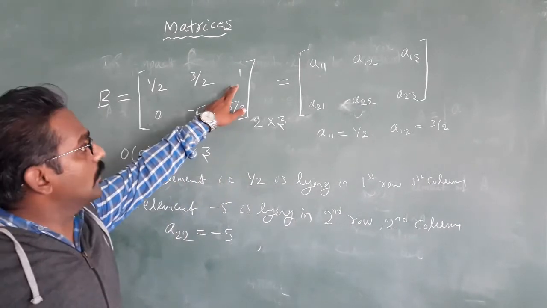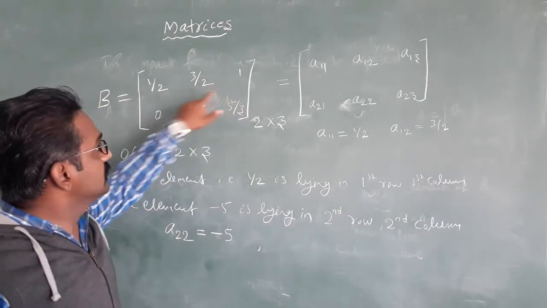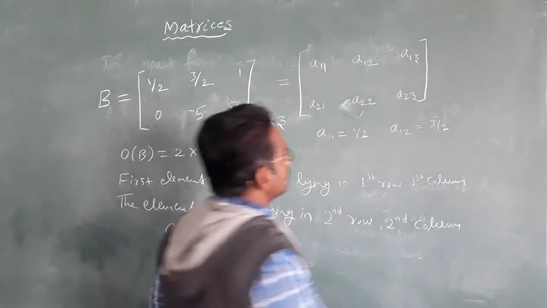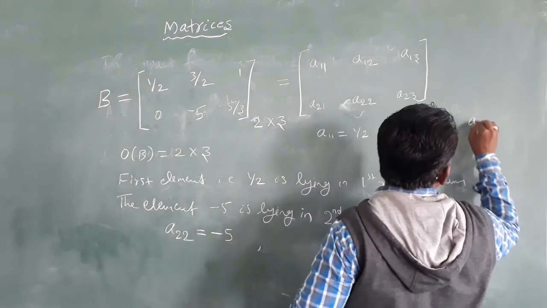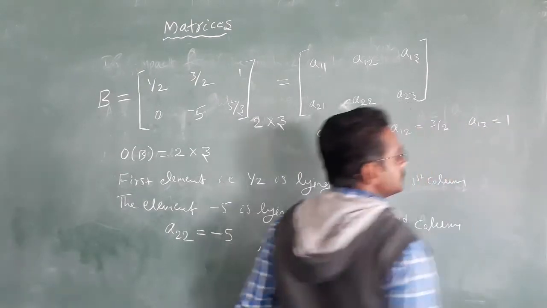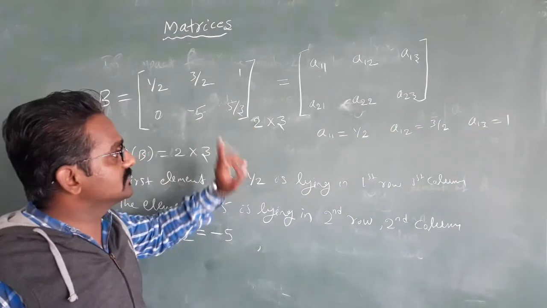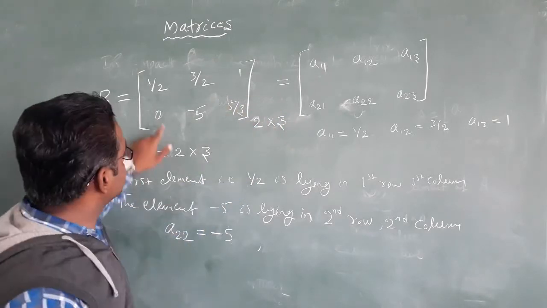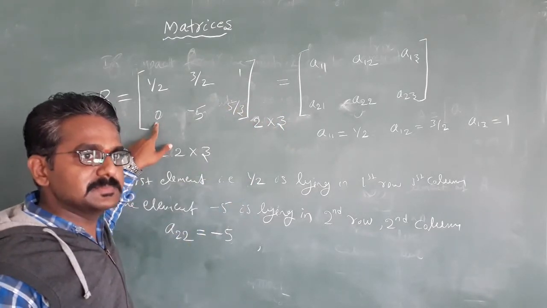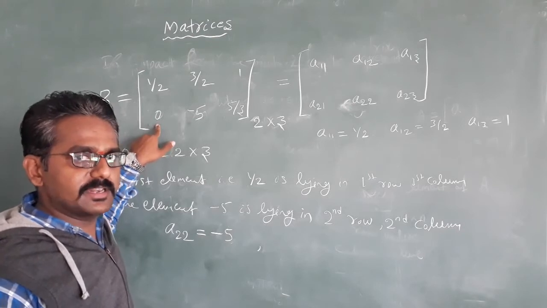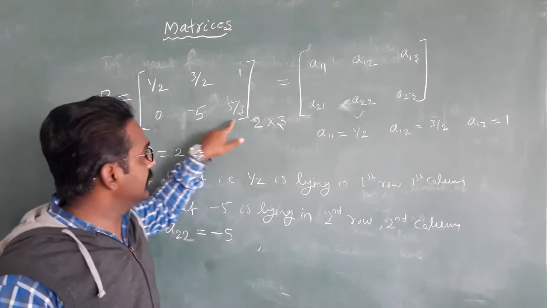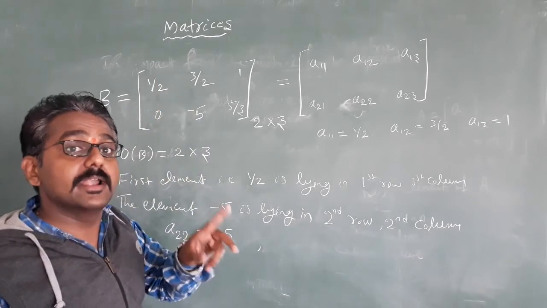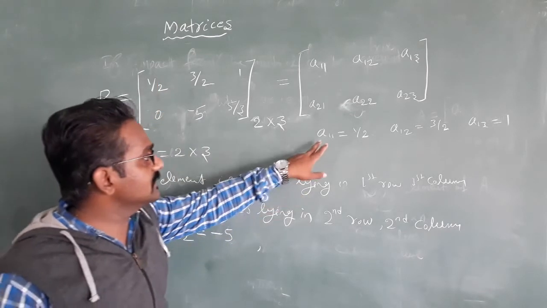Next, the element 1 lies in the first row, third column, that is a13. See students, how I am writing, how I am relating each element. Next, 0 is an element of the matrix B lying in the second row, first column, that is a21.